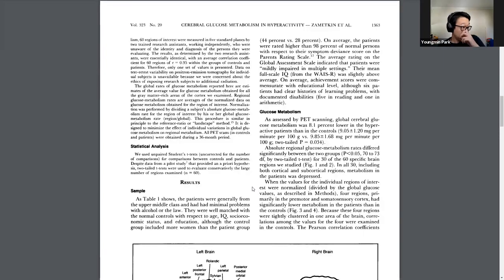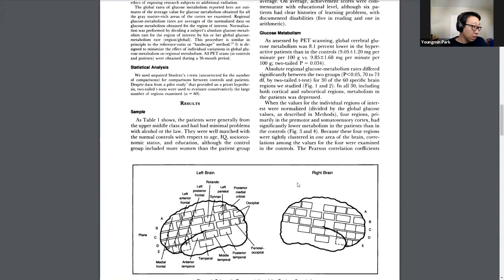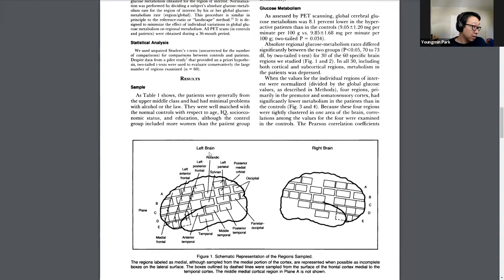All right. So the results. Here's how they present the results. Left brain, right brain. The PET scan takes information from not just the entire brain, but you can actually pinpoint relatively accurately what the activity levels are in different regions of the brain.